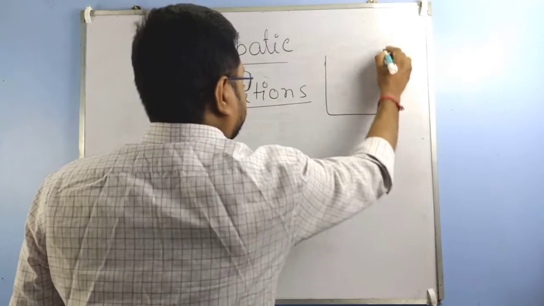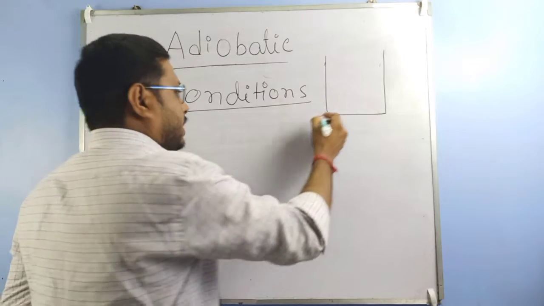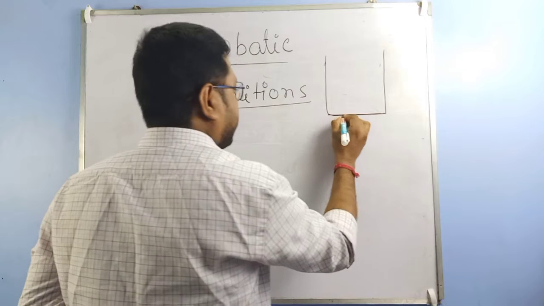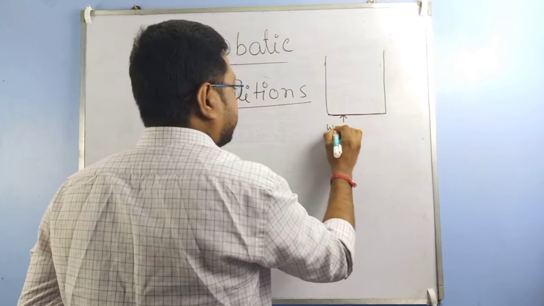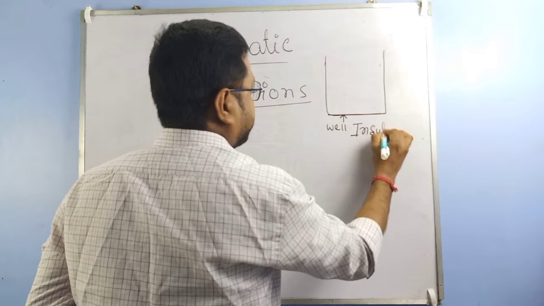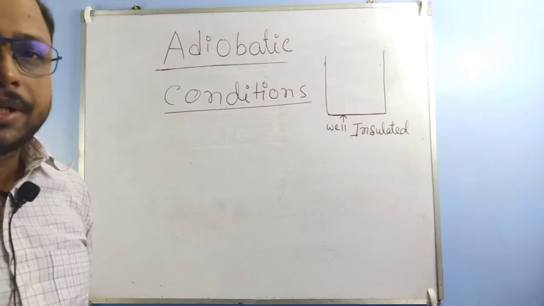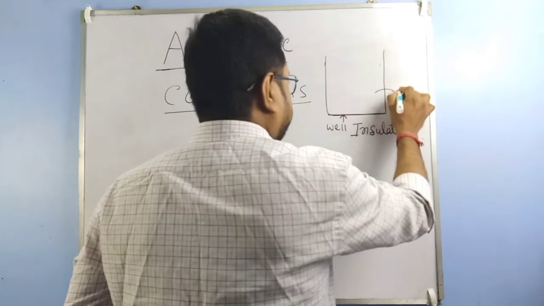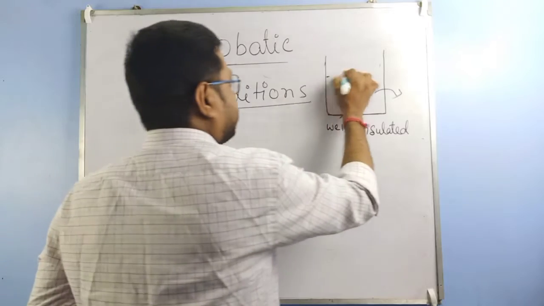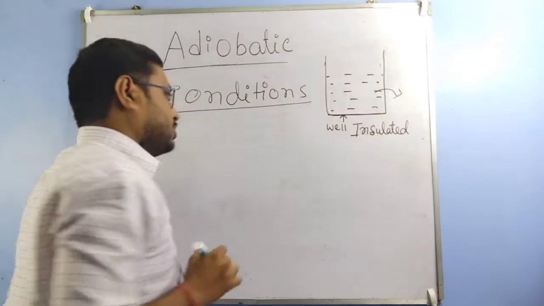Suppose a gas is enclosed in a container. If the wall of the container is well insulated, that is, it prevents transfer of heat from the gas to the surroundings or from the surroundings to the container, then this process is called an adiabatic process.